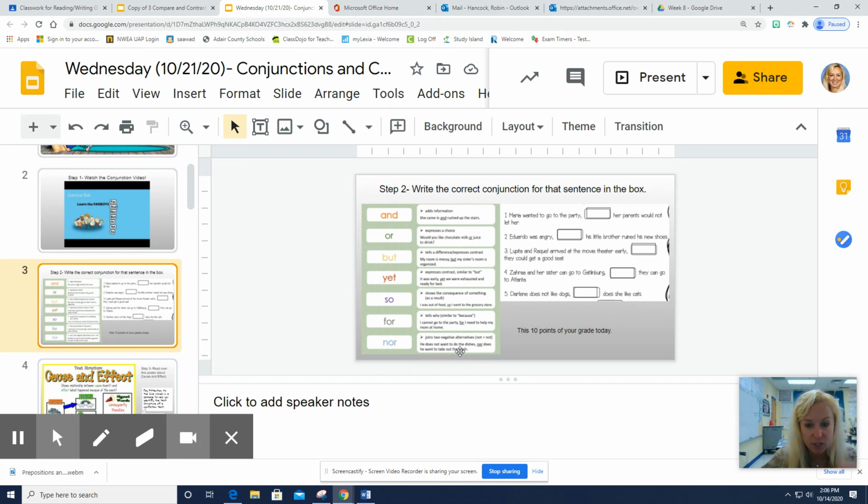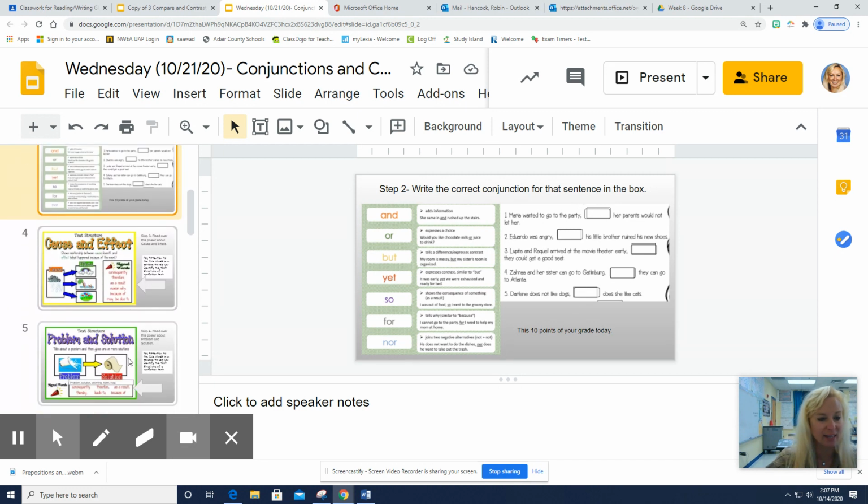He does not want to do the dishes, nor does he want to take out the trash. So it joins two negative statements. Okay, so what I want you to do here is decide which of these coordinating conjunctions go in each of those boxes.